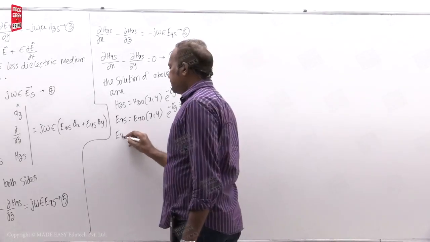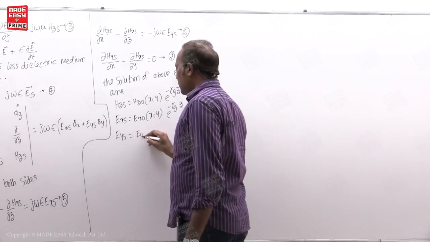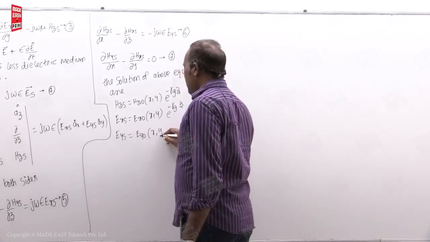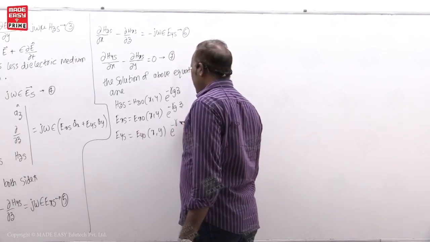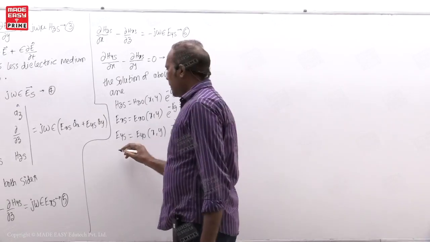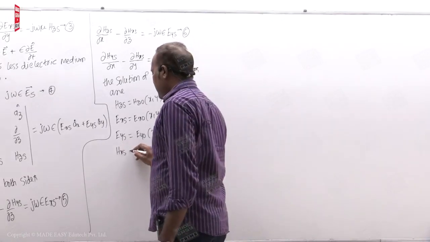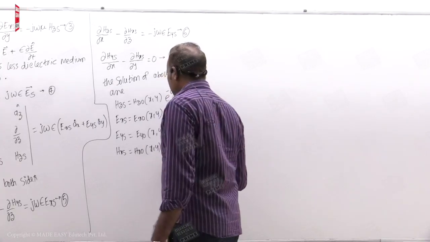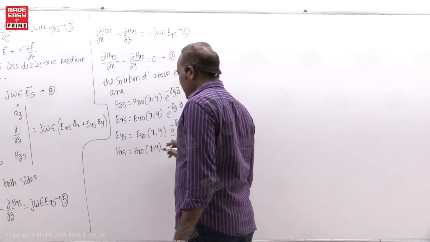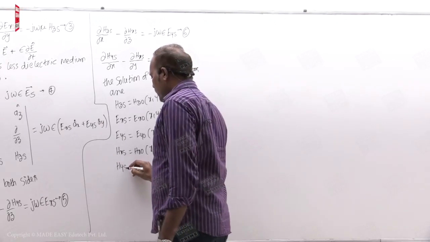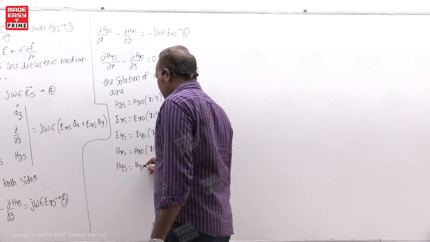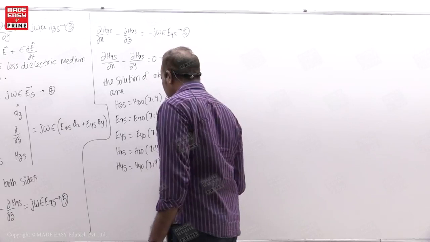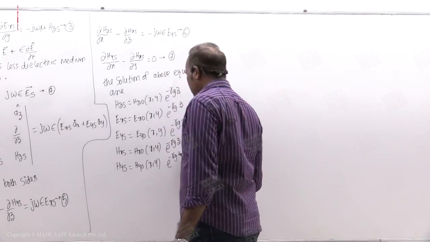So Eys is equal to Ey0 of x, y, e power minus gamma g z. Similarly, Hxs is equal to Hx0 x, y e power minus gamma g z. Similarly, Hys is equal to Hy0 x comma y e power minus gamma g z.